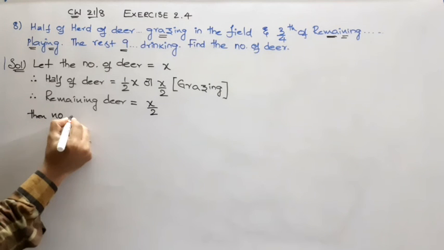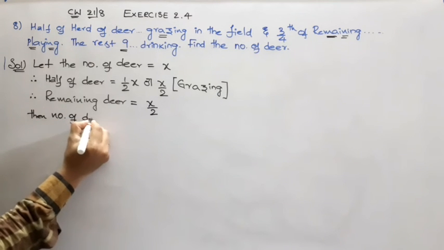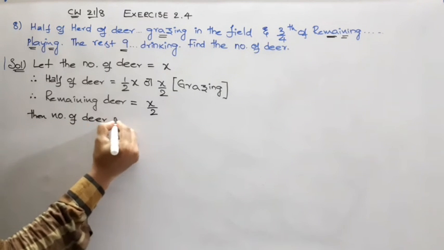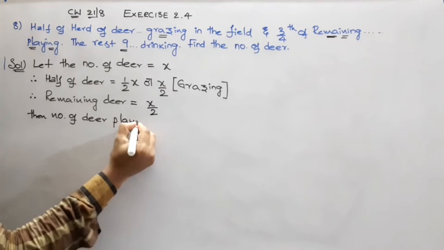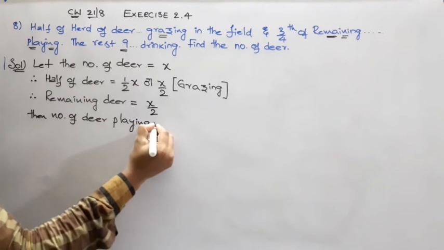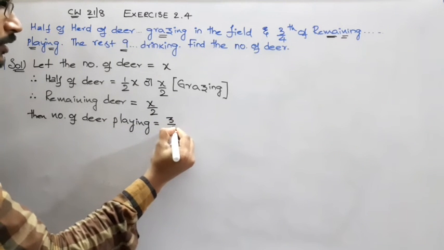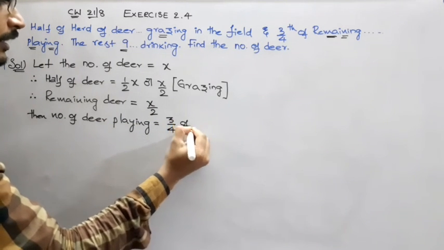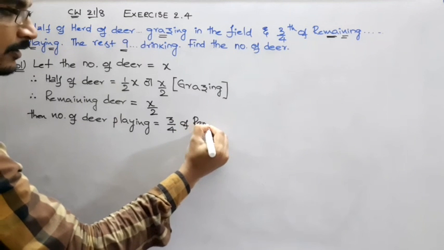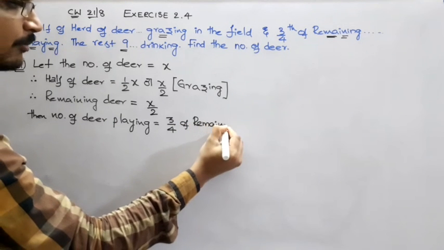Number of deer playing is equal to 3/4 of the remaining.